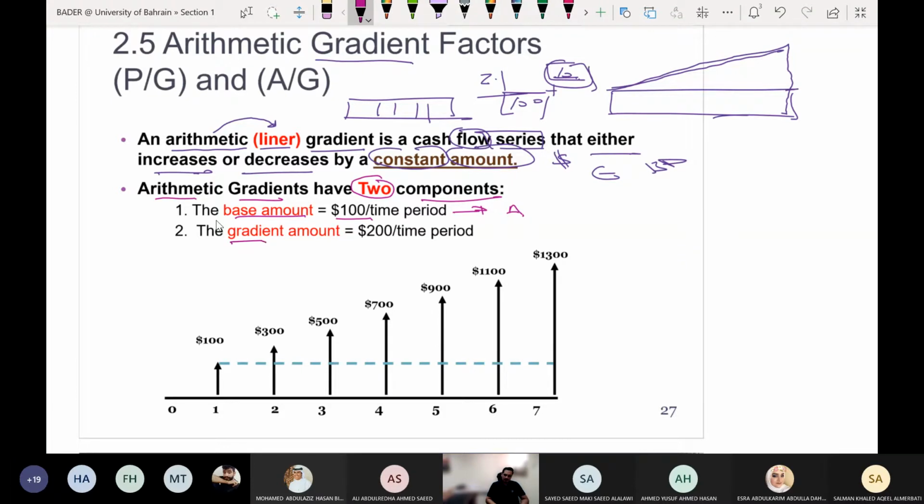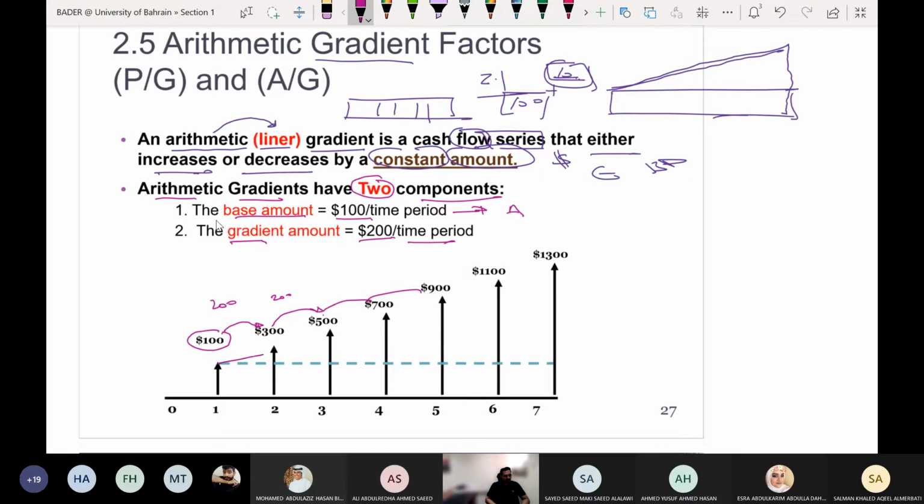The gradient is the increase or decrease of a certain amount on top of your annual. So in this case, as you can see, I have 200 per period. Once we draw it, as you can see, this one is my starting point. And if you add 200 to this one, you'll end up with 300. If you add 300 plus 200, what are you going to have? 500 and so forth.